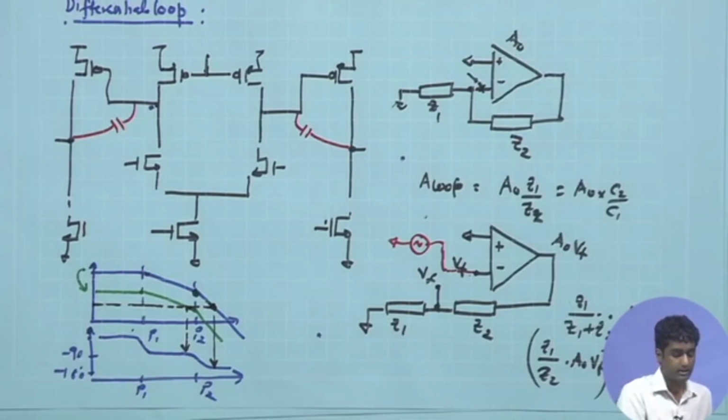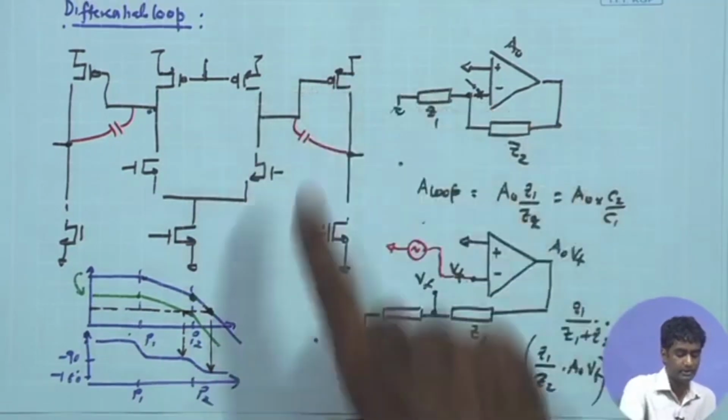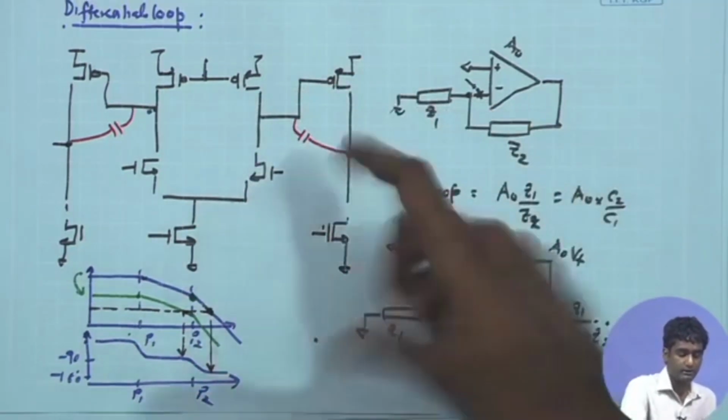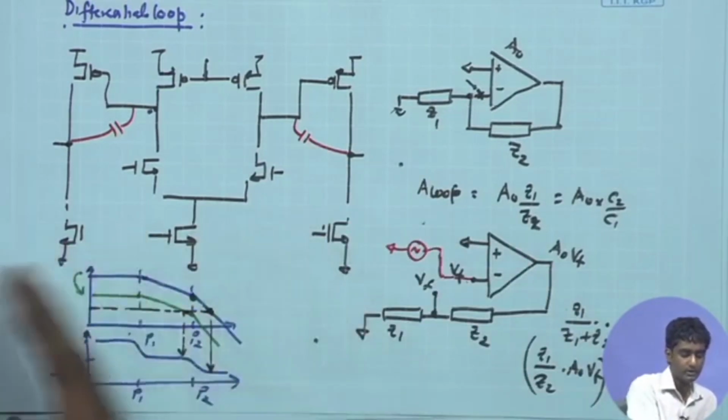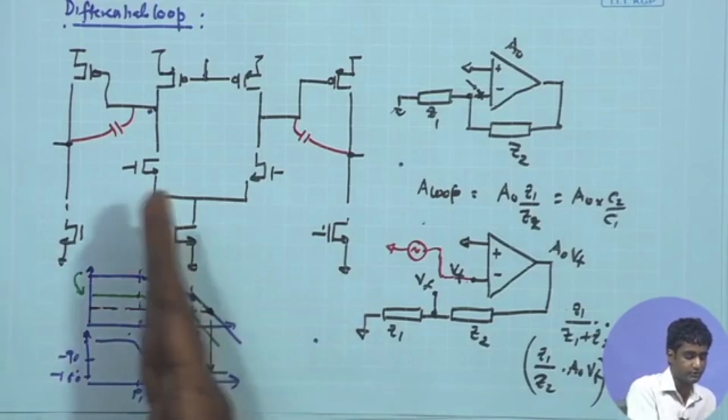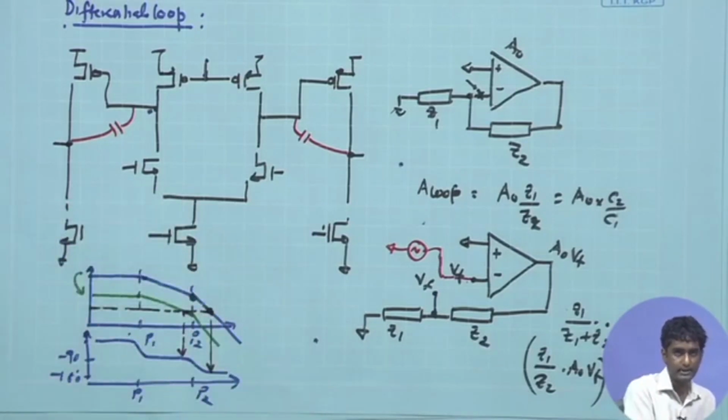And that would imply that if I look at the stability of the common mode loop alone and try to compensate it using the CC, I will require a relatively large CC to shift my frequency response toward the lower side, or shift one of the poles towards the lower side.